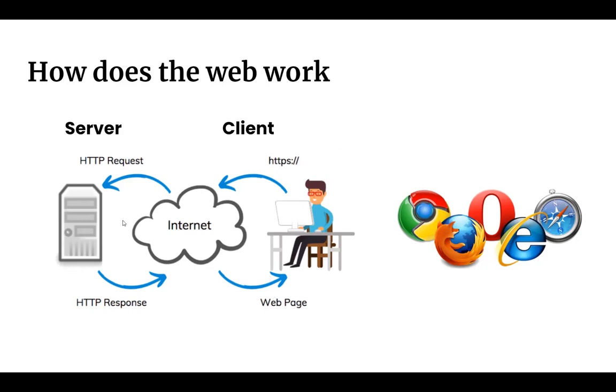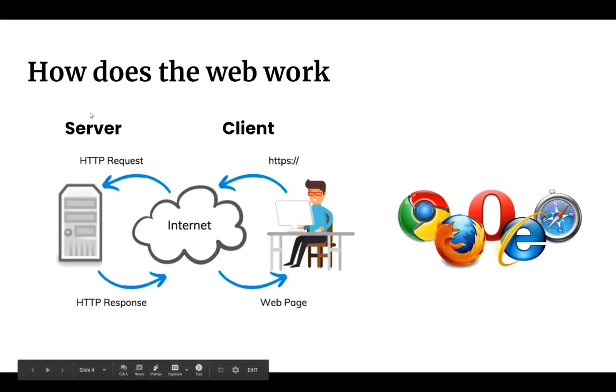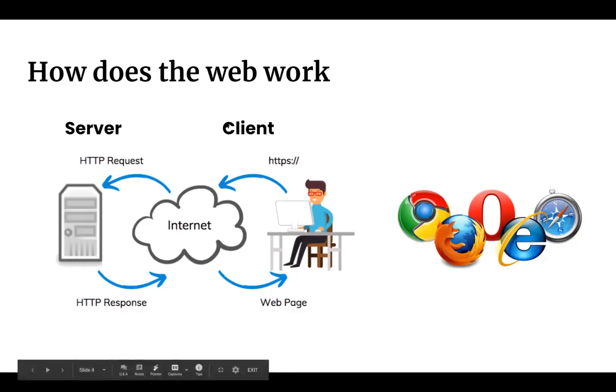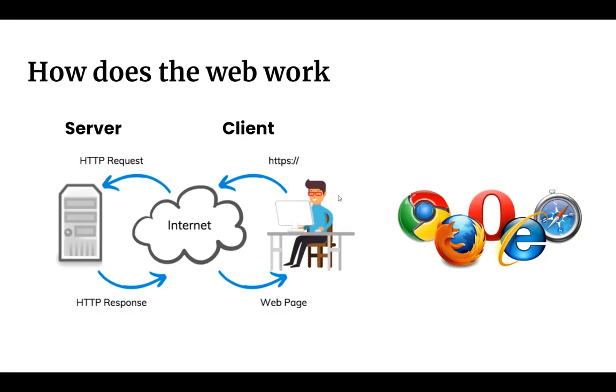And anything we cannot see, something stored somewhere, is the server side. You can imagine this like a kitchen: the chefs are cooking food, but no one sees how they cook it. The clients are the ones enjoying the food at the cafe or the restaurant, wherever it could be, or at the bar. I'm not sure if they sell food.